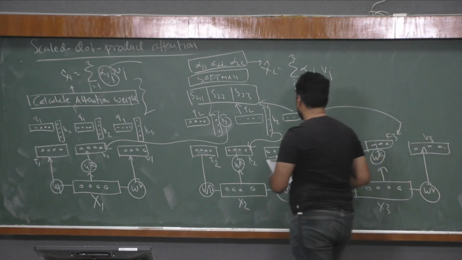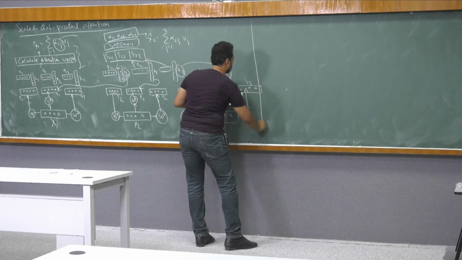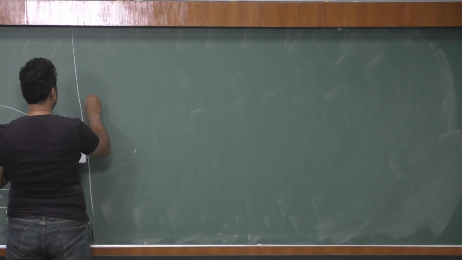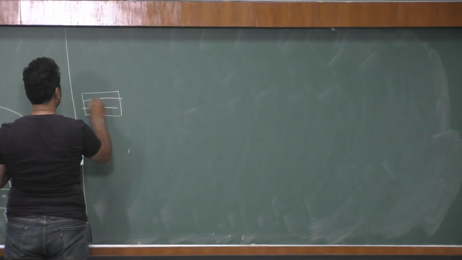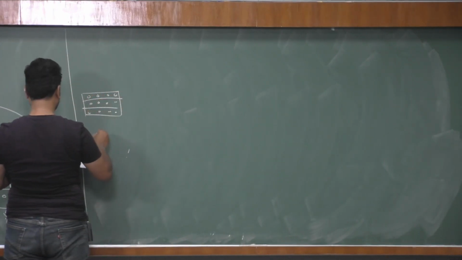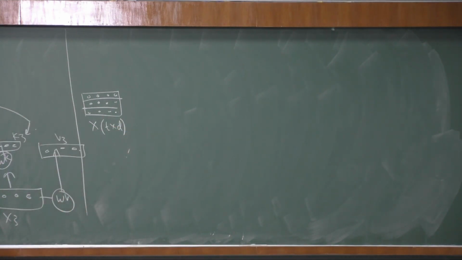So to make some space, let's see if I can use it. If I try to write this in matrix-vector form, I have combined this. There are 4 components in X, and I have stacked one on top of the other.